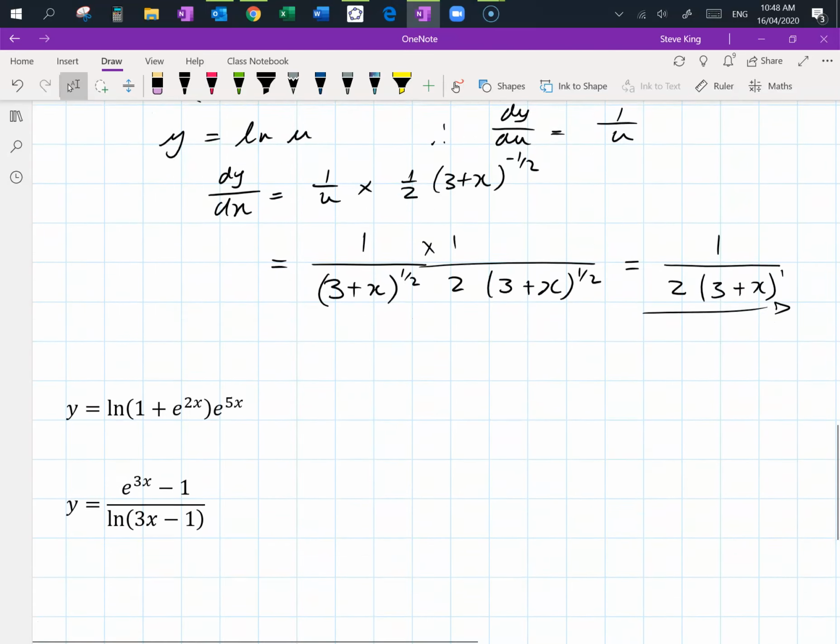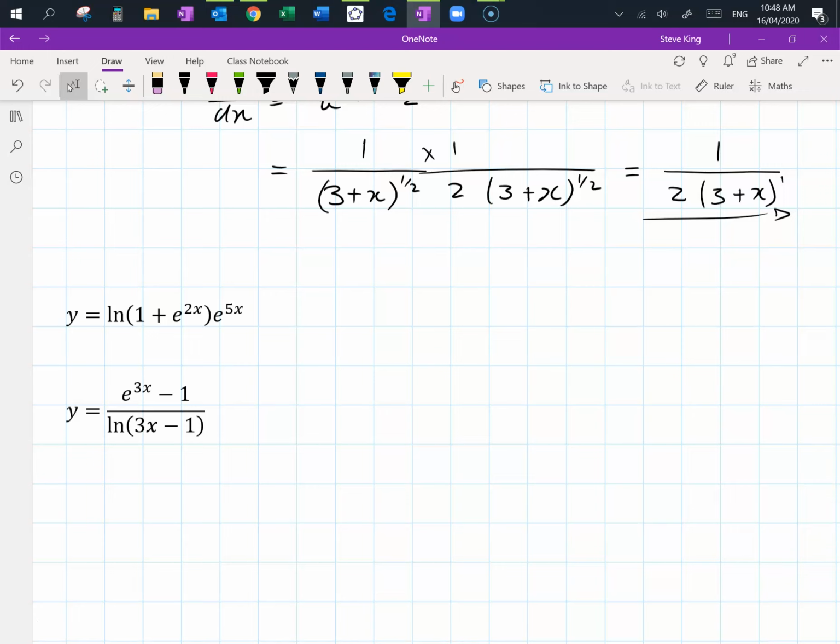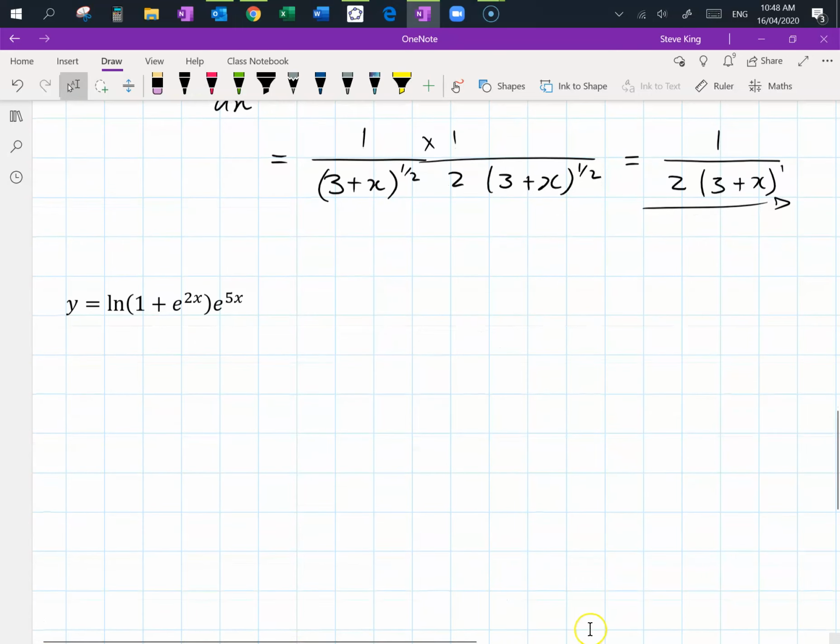The next example is a situation where we have a product. And that hopefully shouldn't be too much of an issue for you because we've dealt with products already. So as before, I'm going to split this up into 2 parts. There's my u, there's my v.